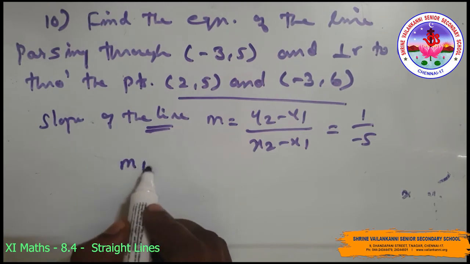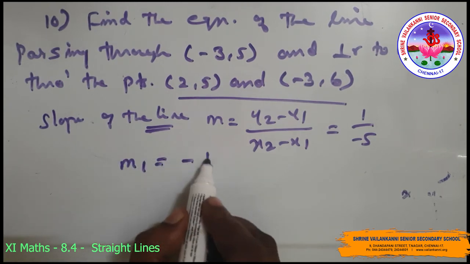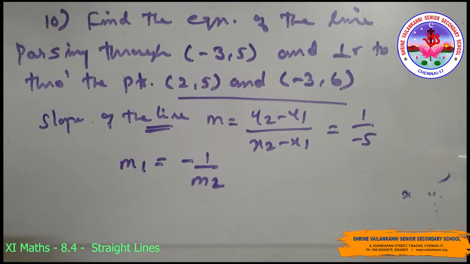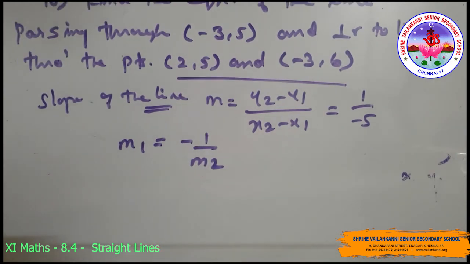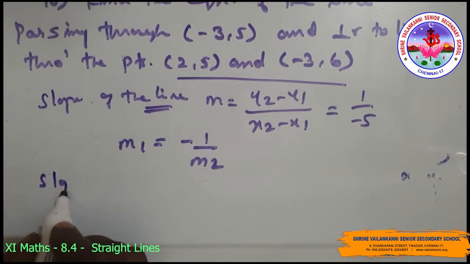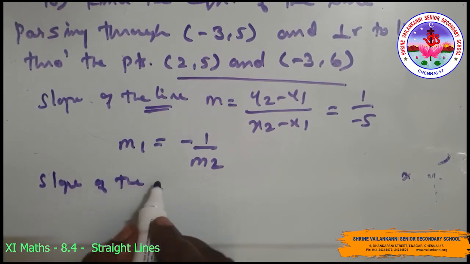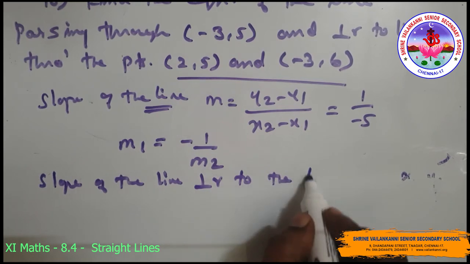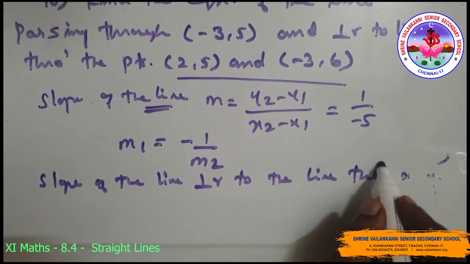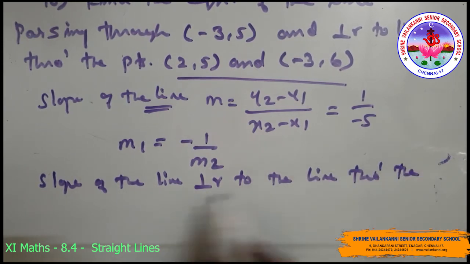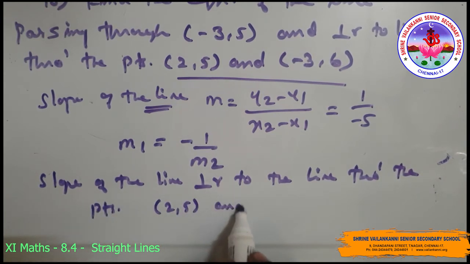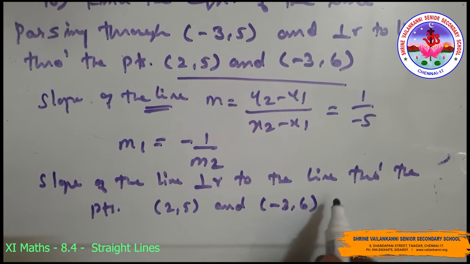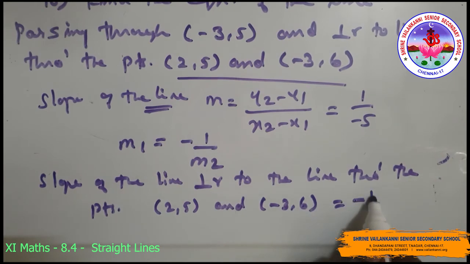That is, m1 equals minus 1 by m2. So the slope of the line perpendicular to the line through the points (2, 5) and (minus 3, 6) is minus 1 by m.